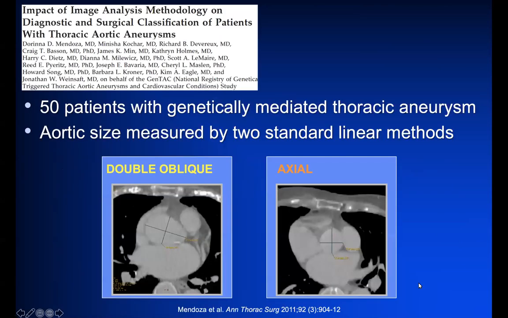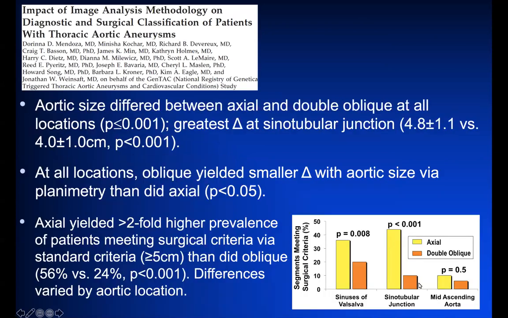To demonstrate this concept, we initially used data from the GenTAC cohort in which patients with genetically mediated aortopathies underwent routine clinical imaging, and we quantified aortic size using two established methods. One being double oblique reformatting of the ascending thoracic aorta, the other being axial reformatting of the aorta. Now, these are widely utilized linear methods to assess aortic size.